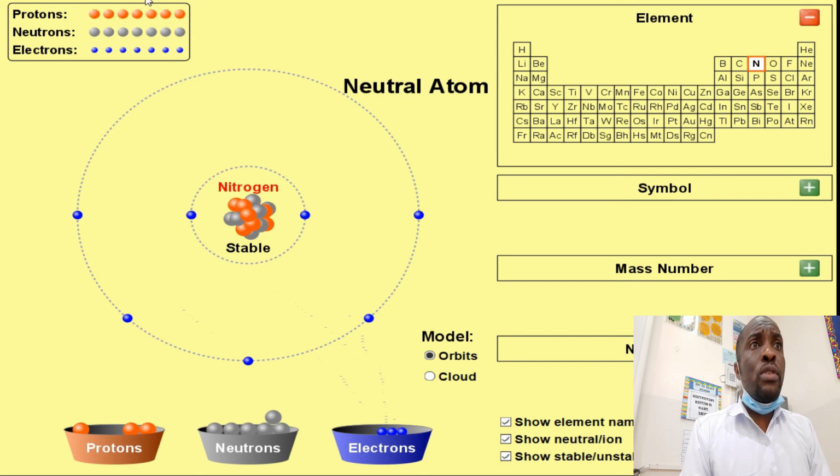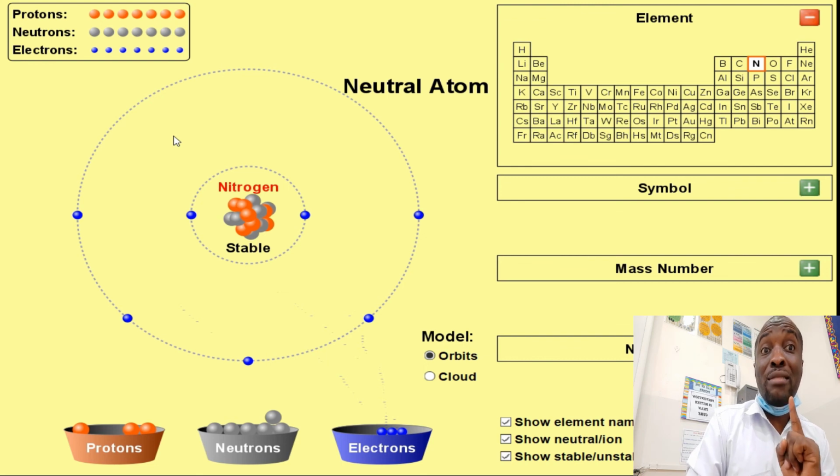So how many protons do we have there? 1, 2, 3, 4, 5, 6, 7, and 7 neutrons as well as 7 electrons. Why? We told you that the nitrogen atom has 7 protons and 14 as nuclear mass. That is the number of protons and neutrons.